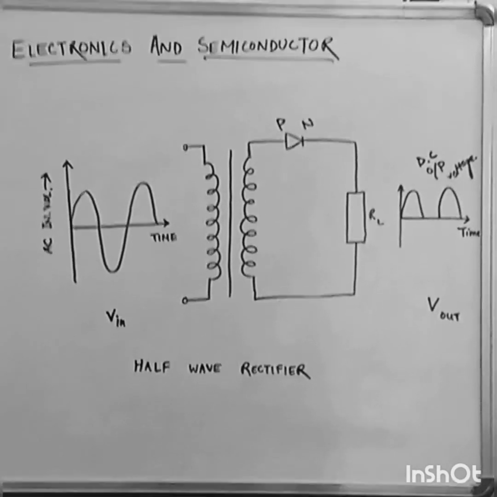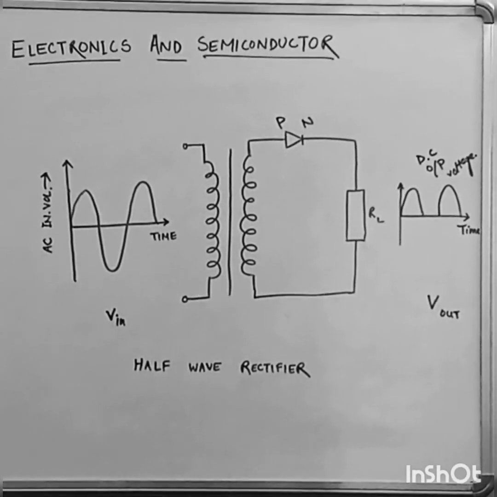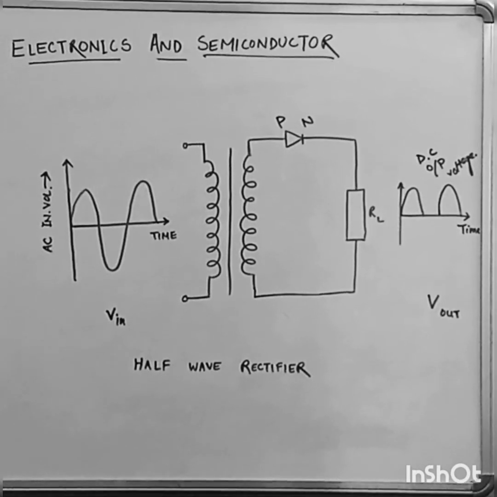So when the positive half cycle is applied to the plate, it is at the positive potential with respect to the cathode, and therefore the plate current is obtained in accordance with the variation of the positive half cycle.